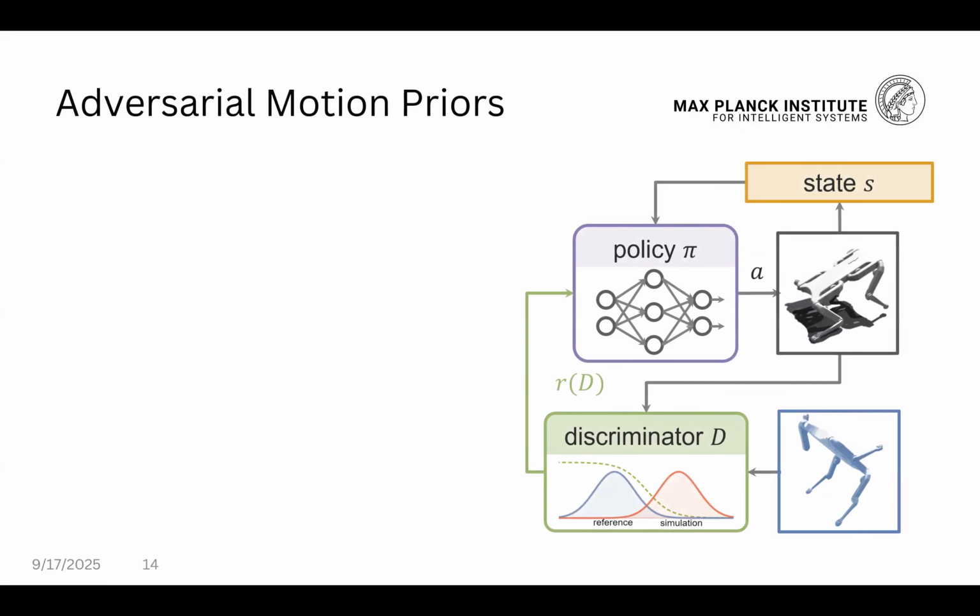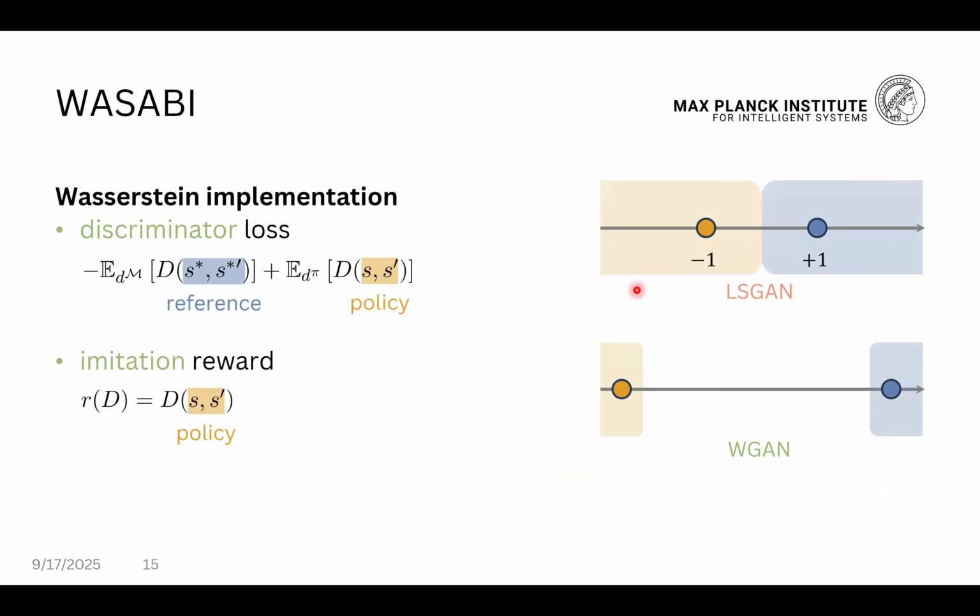So if we use this GAN-based method, like adversarial motion priors, in this field, we have exactly this problem: the discriminator is too strong, and the policy doesn't see a chance to improve. What we propose here is very simple.